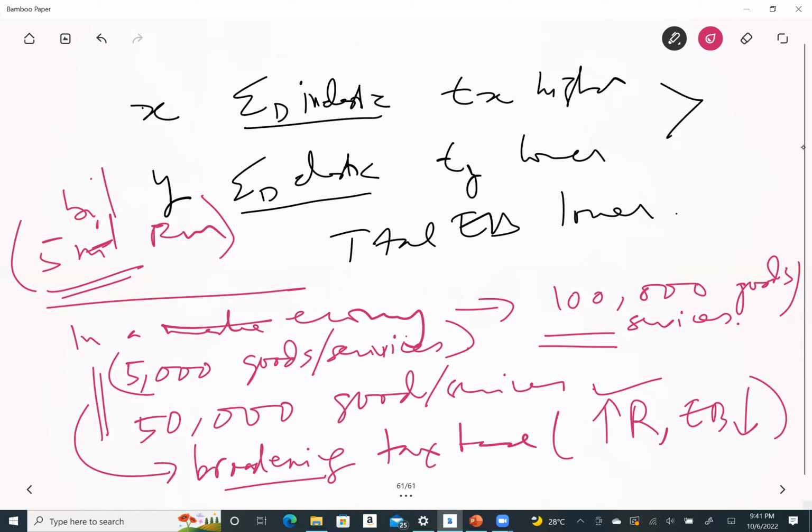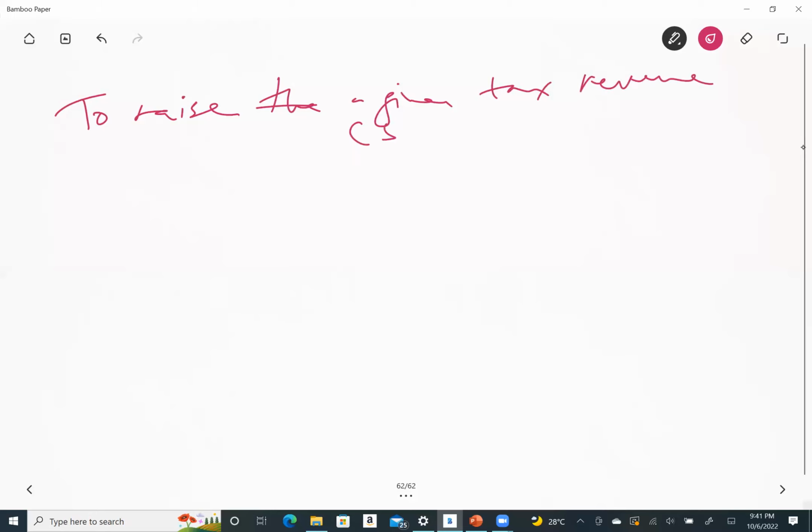All right. So what we are talking about here is, I think you can make the comparison if we raise a given tax revenue. It means the same amount of revenue, say 5 billion RM just now. So what does it imply under the broadening base?